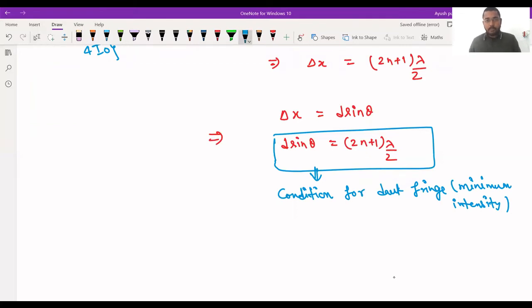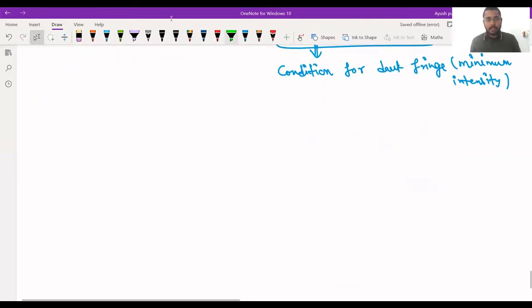Now, one more discussion I want to do here, and that is fringe width. Fringe width is represented by beta.